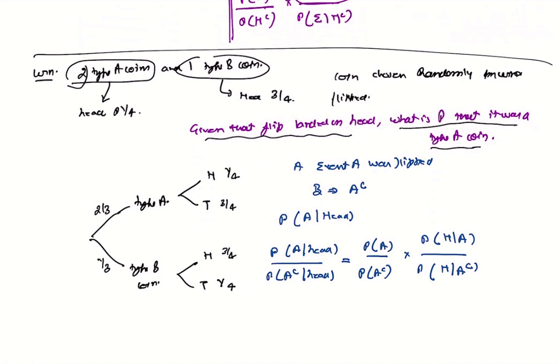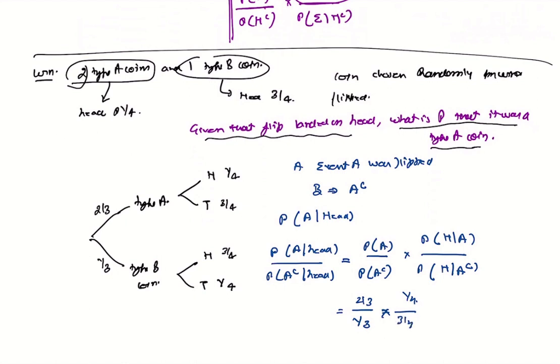We can get this as: probability of A is 2 by 3 and probability of A complement is 1 by 3, and probability of head knowing that it's an A is 1 by 4, and probability of head knowing that it's A complement is 3 by 4.